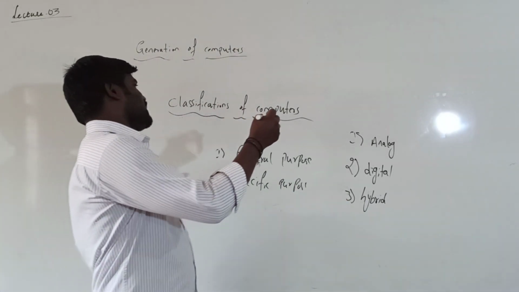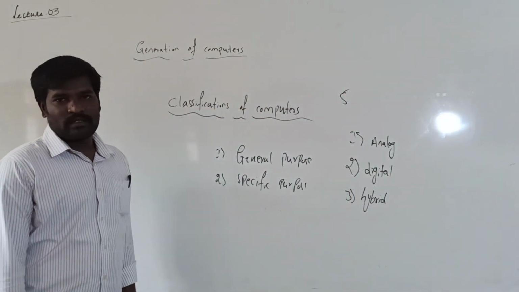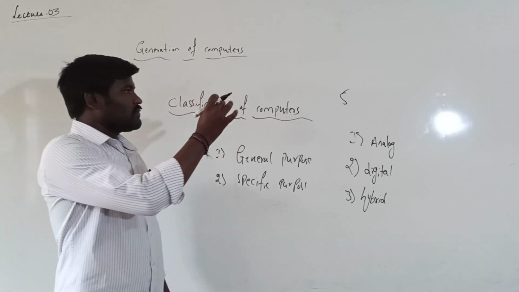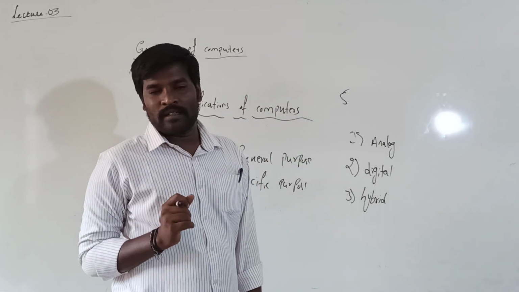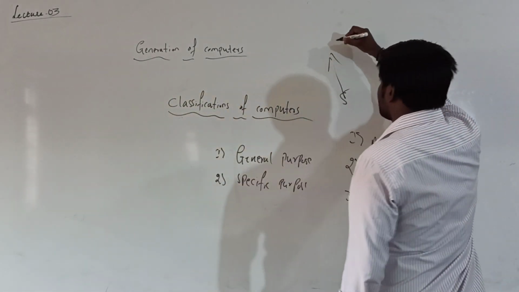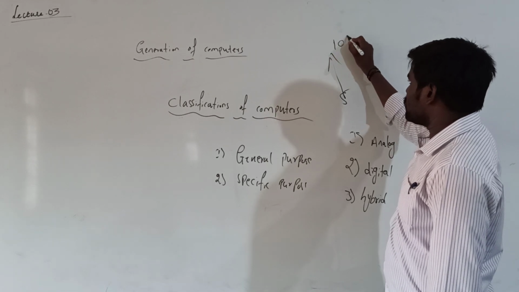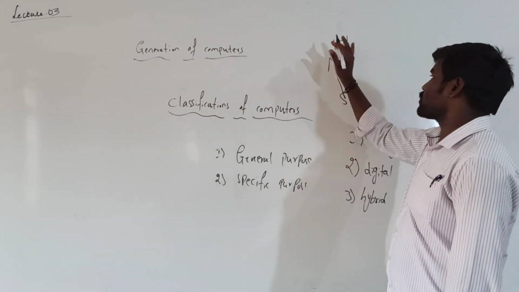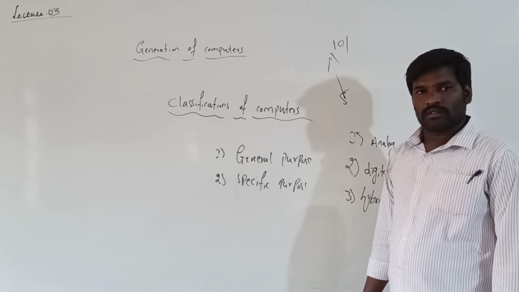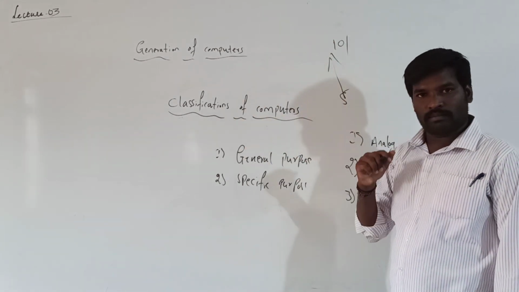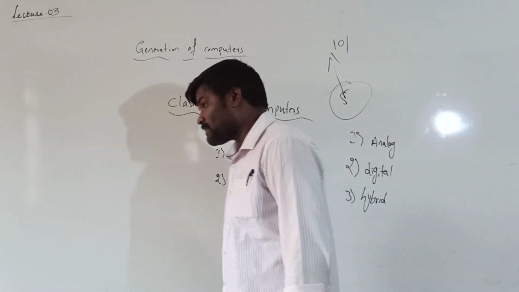For example, if I enter 5 in a system, for the user it is 5 only. For the system, again it is 5 only, but this 5 is stored in terms of zeros and ones. That is 1, 0, 1. 5 is equal to 101. How does it come as 101? Because this 5 is converted into binary digits.